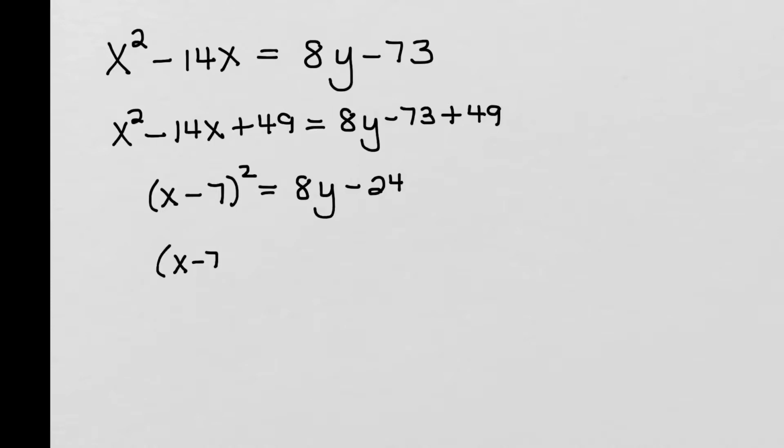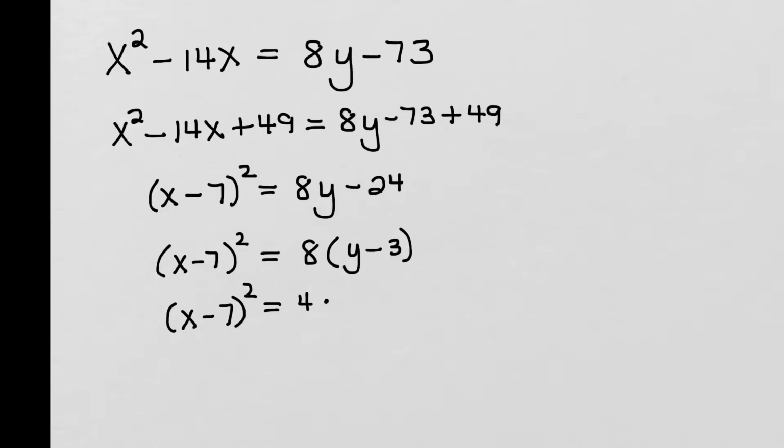I have x minus 7 quantity squared on the left, that's fine, but I'm going to factor out the 8, and that gives me 8 times y minus 3. Still not quite in standard form, because I'm going to write this as 4 times 2 times y minus 3. There you go, on the right-hand side.